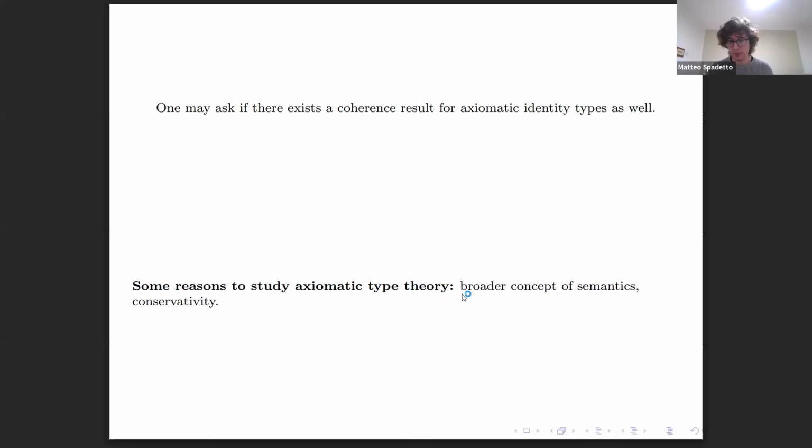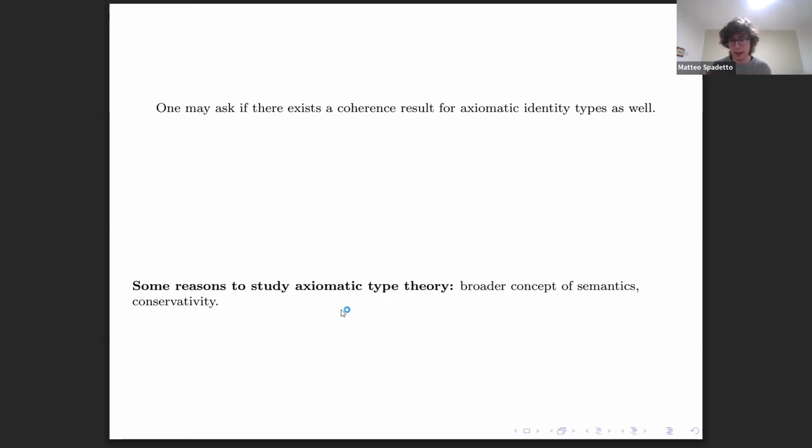Well, the idea is semantic. The idea is that a model of axiomatic type formers, where computation rules are weaker, or are computation axioms, models of these type formers in principle need fewer equalities, fewer coincidences to happen to be satisfied.